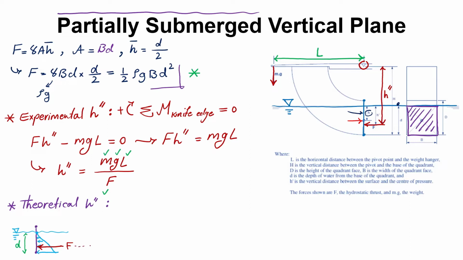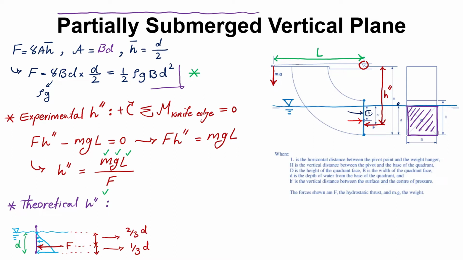That location can be measured from the bottom or from the top of this triangle. If I'm measuring it from the bottom, in other words, this distance over here, it is going to be 1/3 of the height of that triangle, which is d. If I'm measuring it from the top, obviously it's going to be 2/3 of the height of the triangle.